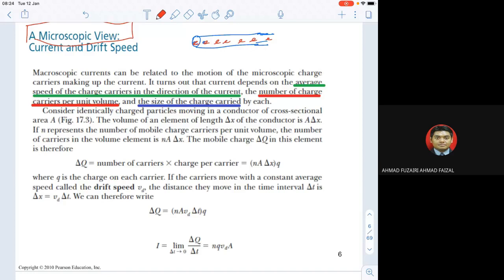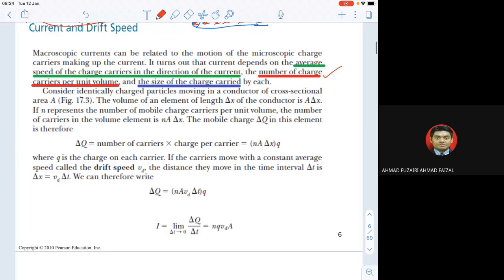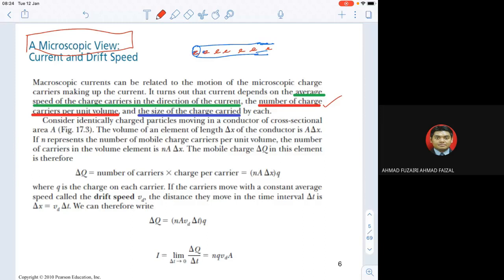When we talk about current, first you must have an average speed of the charge carriers. Number two, we must have a number of charge carriers per unit volume. And in the end we have the size of the charge carried by each.